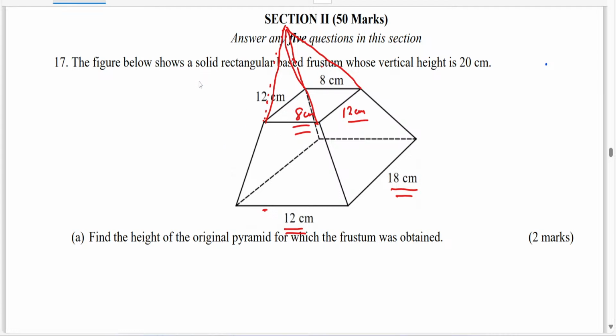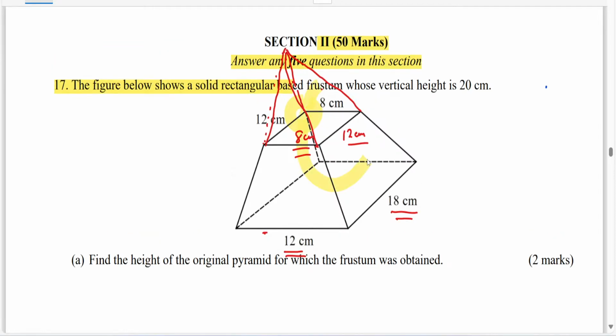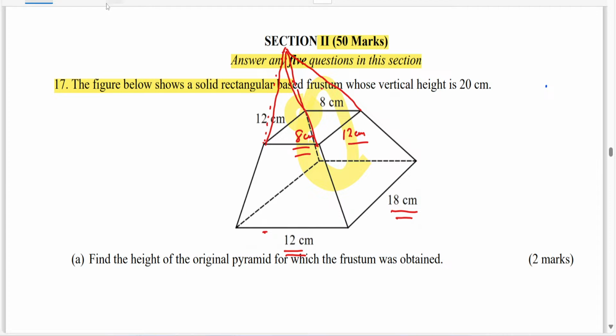So there's a larger pyramid and a smaller pyramid. The smaller pyramid is the one that you've cut, and the larger one is everything, the frustum together with the smaller pyramid. I hope you've understood that part.